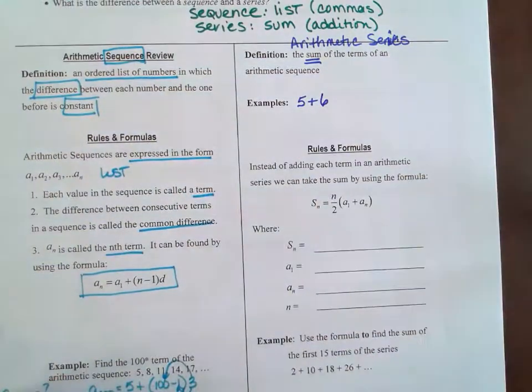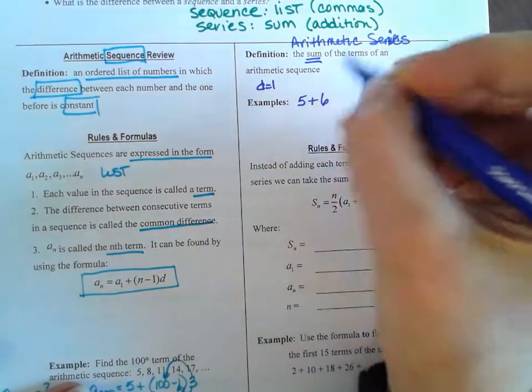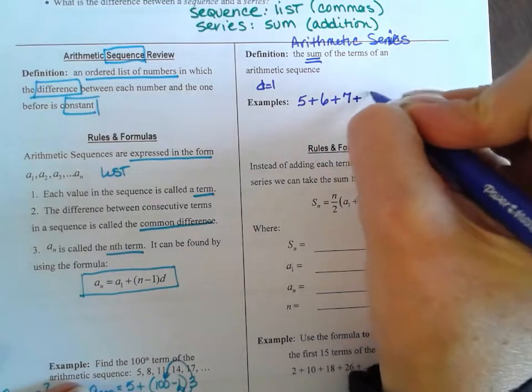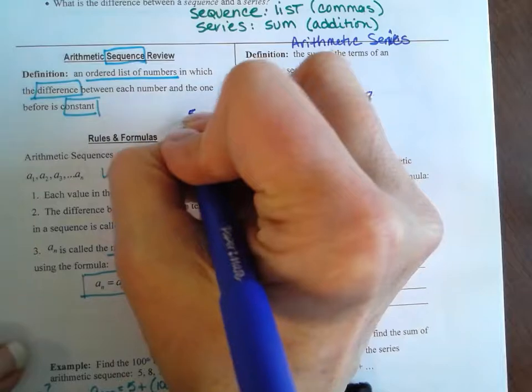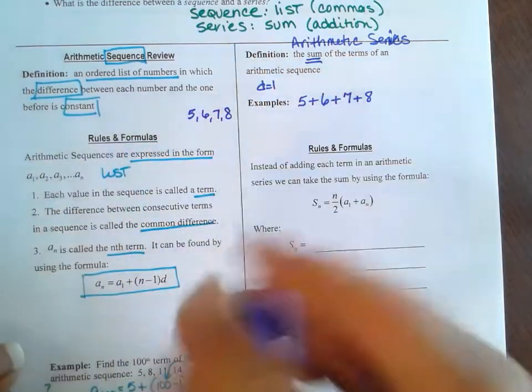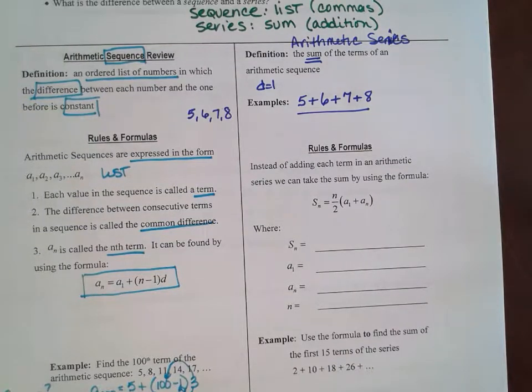Okay, so what's my common difference going to be? Yeah, so now I have a difference of 1. If I was a sequence, I would have written it as 5, 6, 7, 8, but since I'm a sum, I write it as an addition. Okay? Because that's the part that we actually really want to know about. That's the part that's going to help us solve stuff.